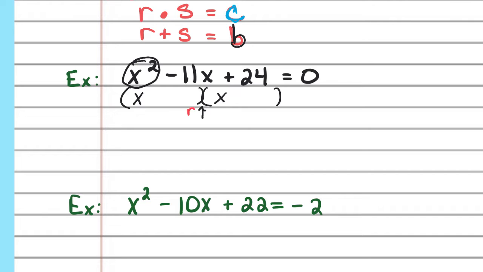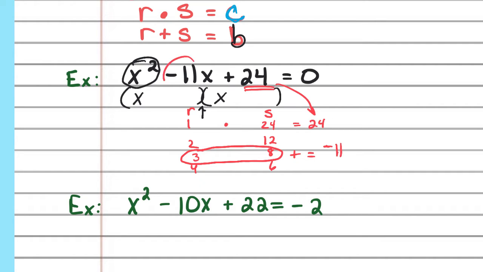And whatever goes here, your r and your s, they have to multiply to equal 24, the c term, this last term right there. And so you make a list and you go 1 times 24 and 2 times 12 and 3 times 8 and 4 times 6. And you stop at any point when you recognize a pair of numbers who, when added, could equal the negative 11 in the middle.